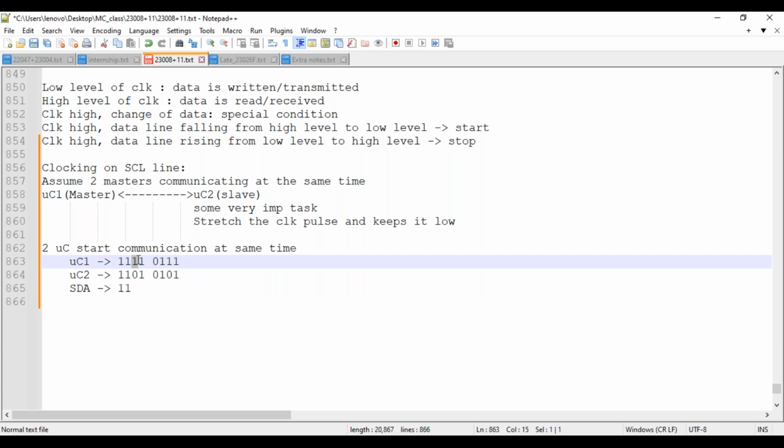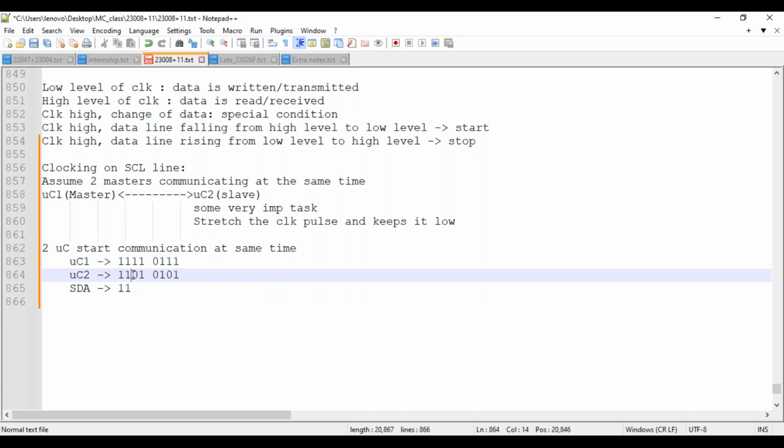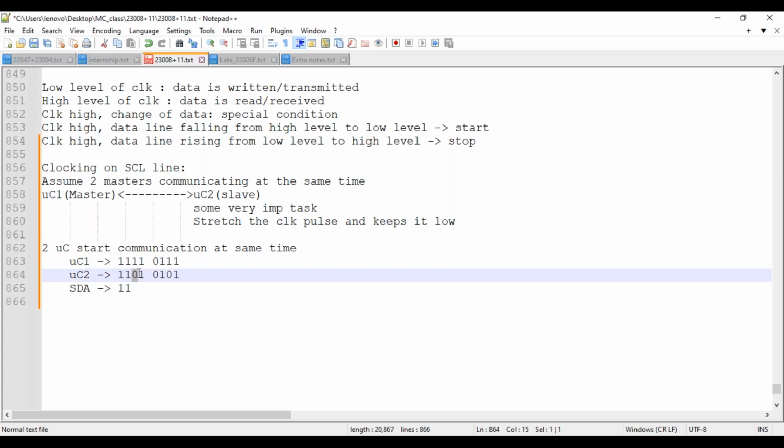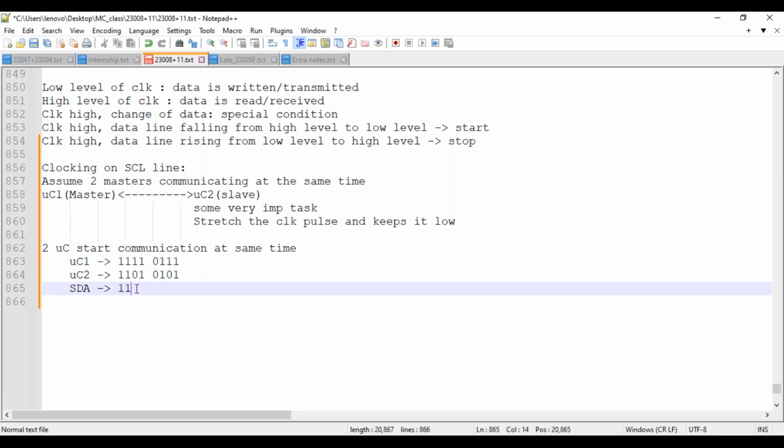Now microcontroller 1 transmits a 1 and microcontroller 2 transmits a 0. What is 1 AND 0? It's a 0. Now on the SDA line, both microcontrollers see a 0. So microcontroller 1 understands it is not its data being transmitted on the data line.